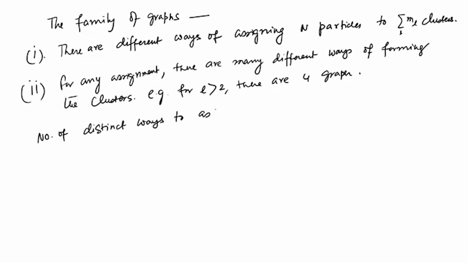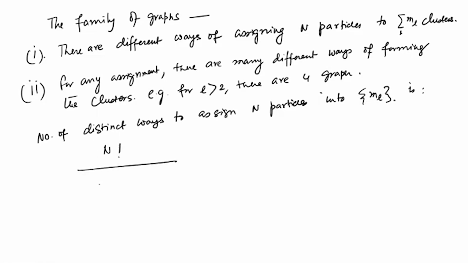to assign n particles into this ML set is given by n factorial divided by this: 1 factorial to the power M1, 2 factorial to the power M2, and so on.